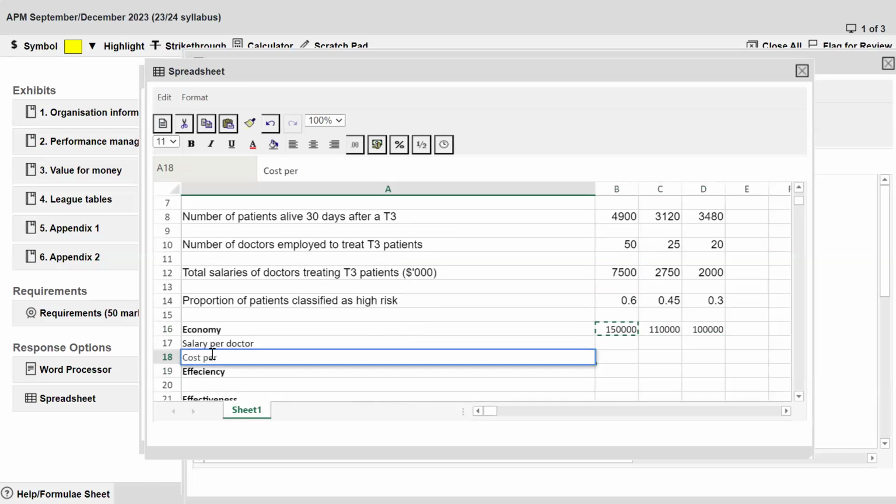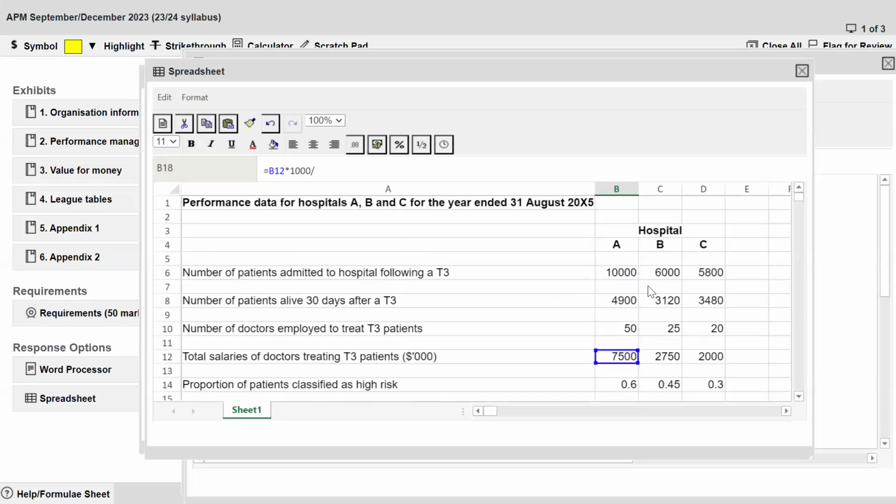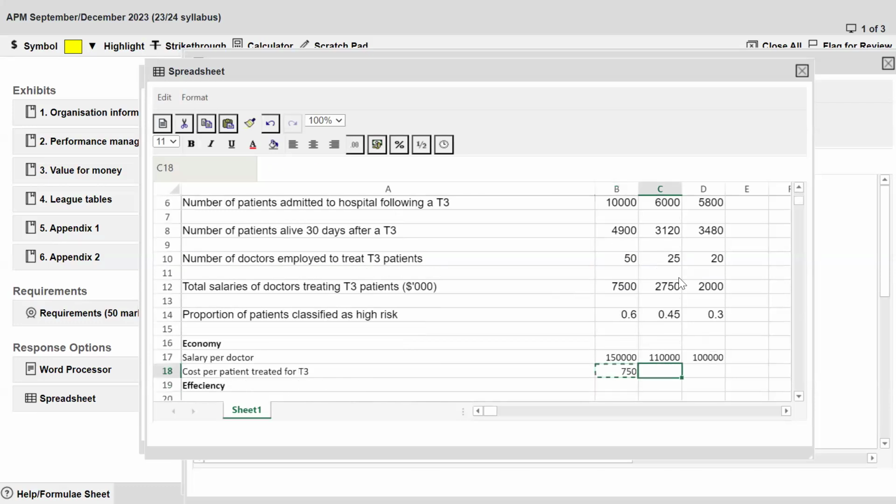Then the cost per patient treated for T3 is this, multiplied by 1000 and divided by the number of patients.